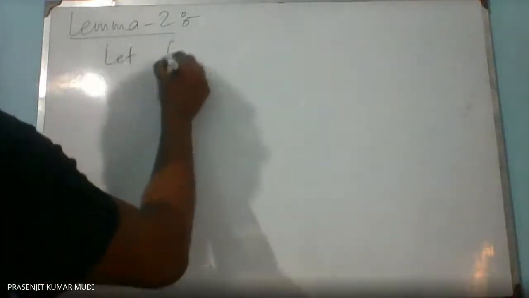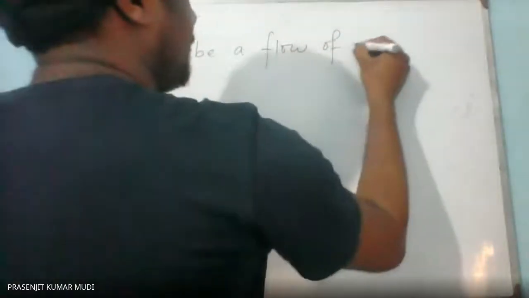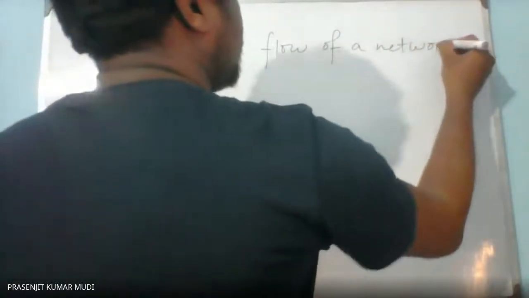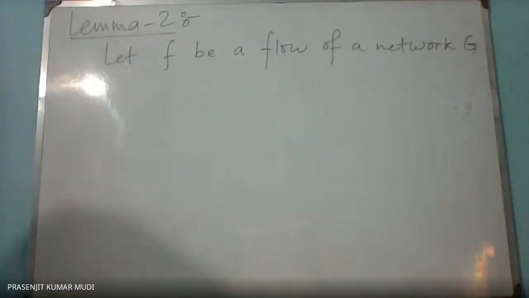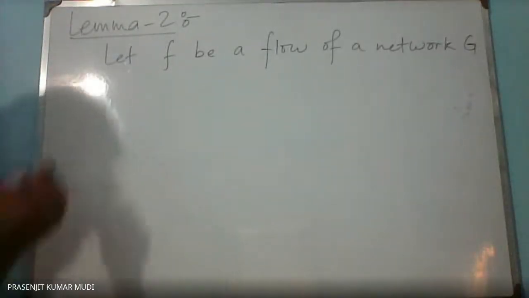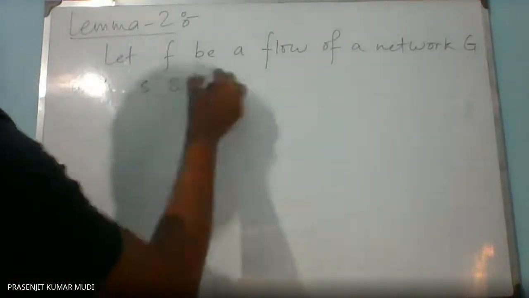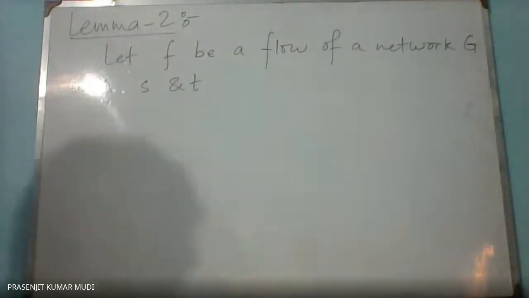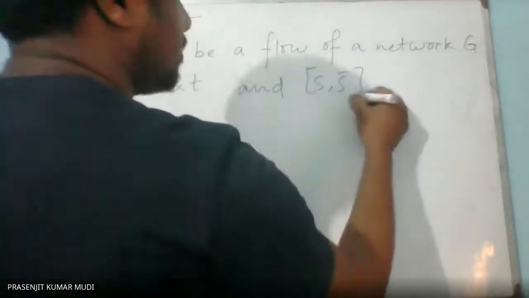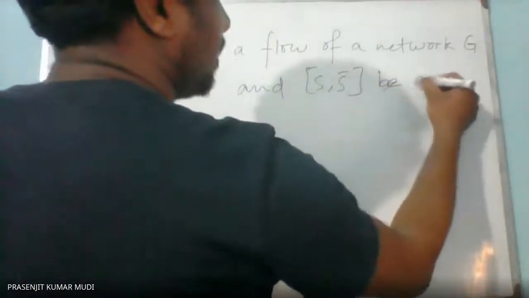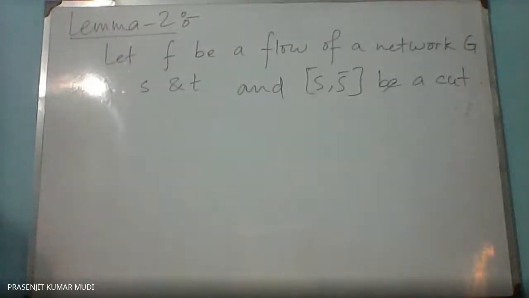So let F be a flow of a network G, again with the same definition with S and T, source and sink, and (S, S bar) be a cut. In fact, an S-T cut.